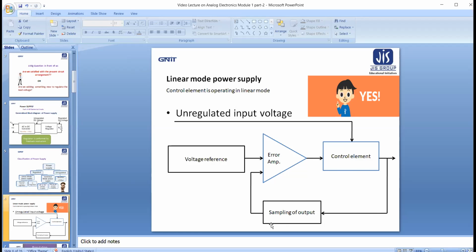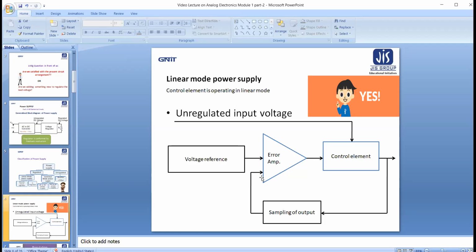The feedback circuit is producing some fraction of the output voltage. This fraction of the output voltage is going to an error amplifier. The error amplifier may be an op-amp based circuit or it may be a simple transistorized circuit.